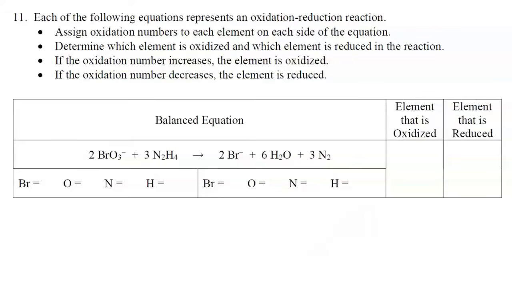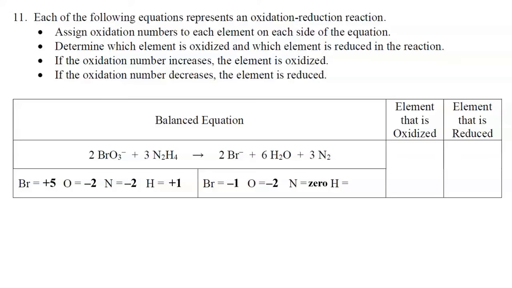In our next example, on the left side of the equation, oxygen is -2, hydrogen is +1, and based on the skills that you have learned in assigning oxidation numbers, we're going to get a +5 for the bromine, and we're going to get a -2 for the nitrogen. On the other side of the equation, bromine is -1 as a monoatomic ion. Oxygen is -2.